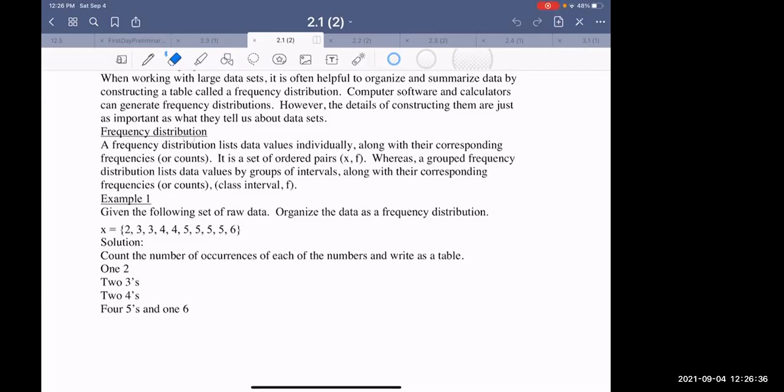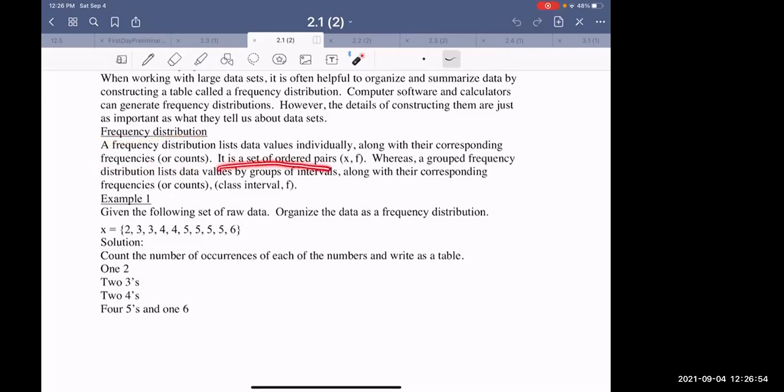Well, we will give it first a frequency distribution. So, what is a frequency distribution?